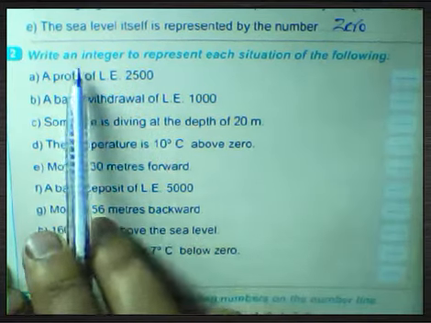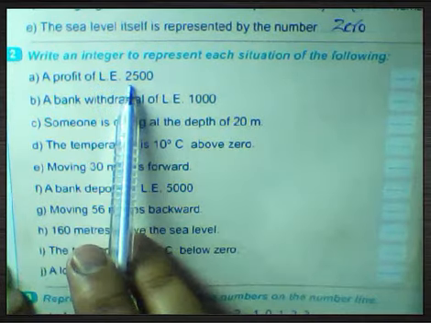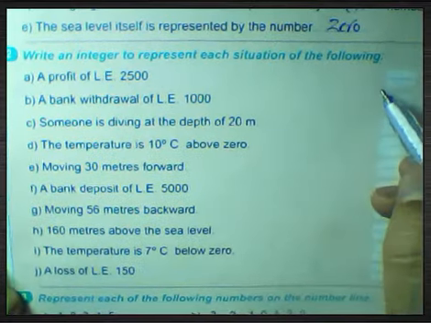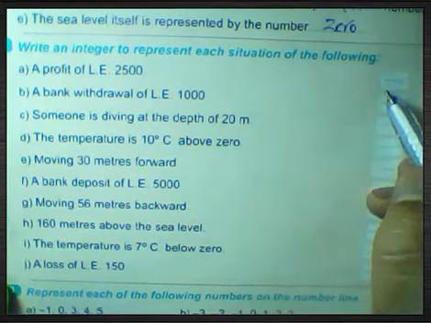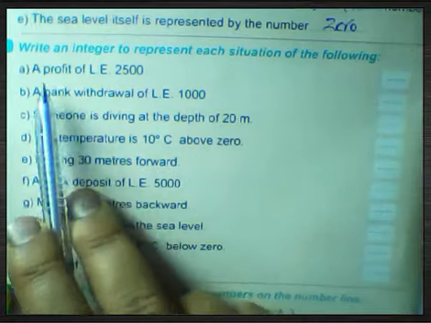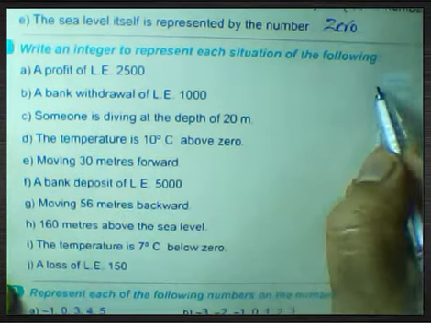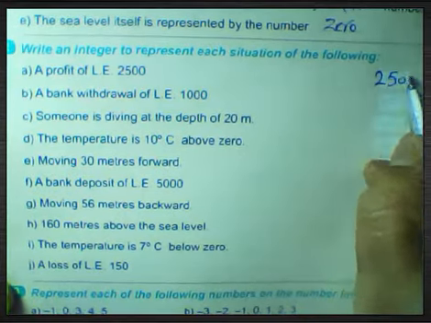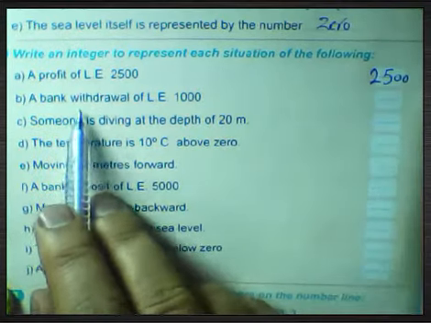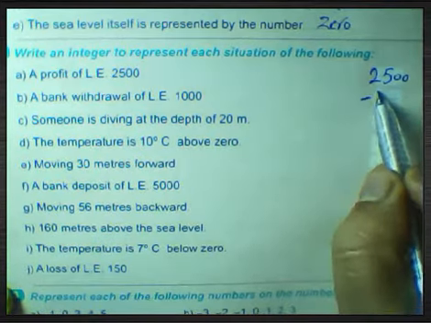A profit of 2,500 lira, positive 2,500, because it's profit. A bank withdrawal of 1,000 lira, negative 1,000.